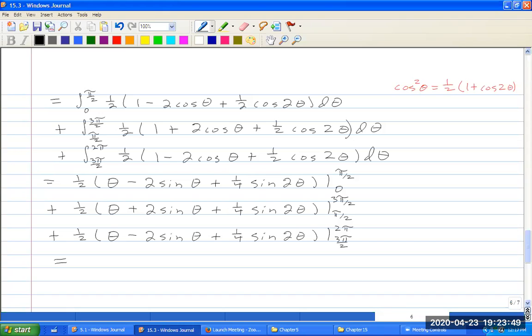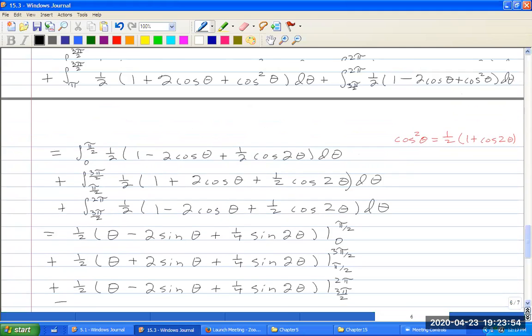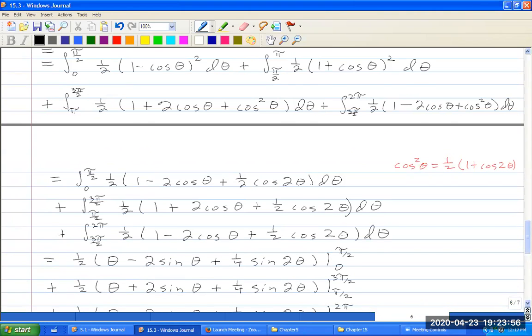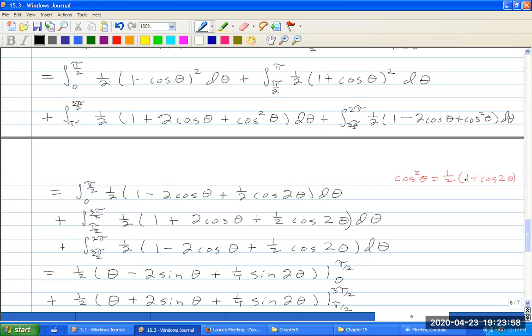Okay, so this is equal to, where's the 1? Where's the 1? 1 plus a half gives you 3 halves.